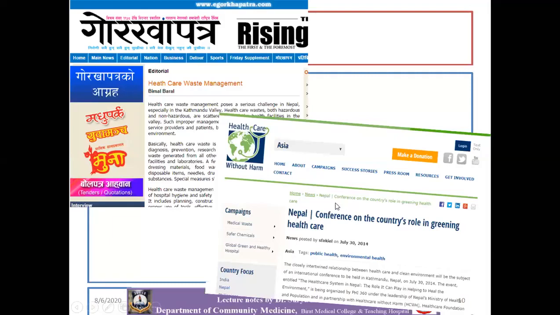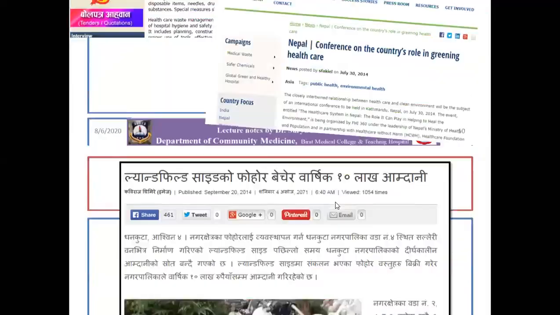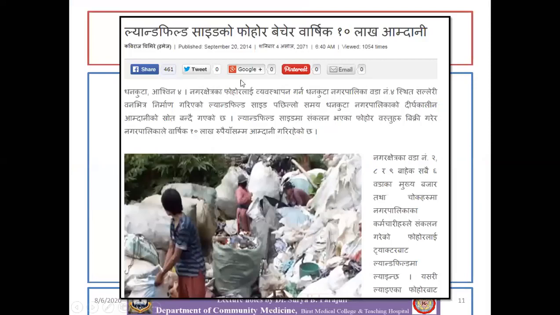Okay, no need to know all its content. I'll just try my best to energize you. We can generate almost 10 lakh rupees, meaning 1 million, from waste at a landfill. Okay.